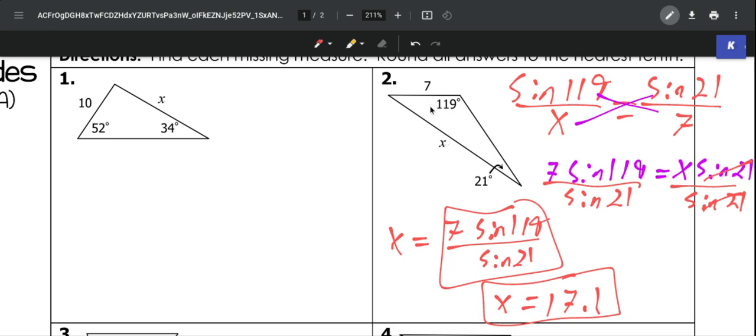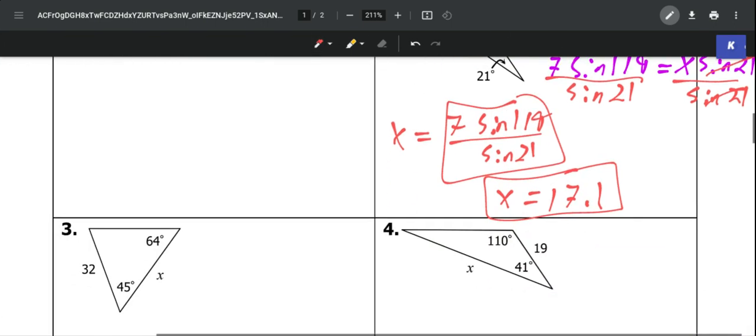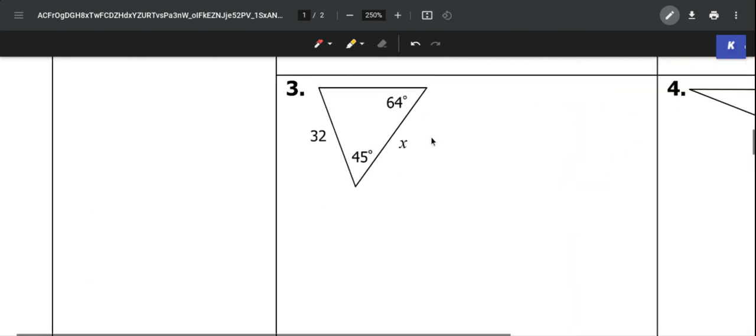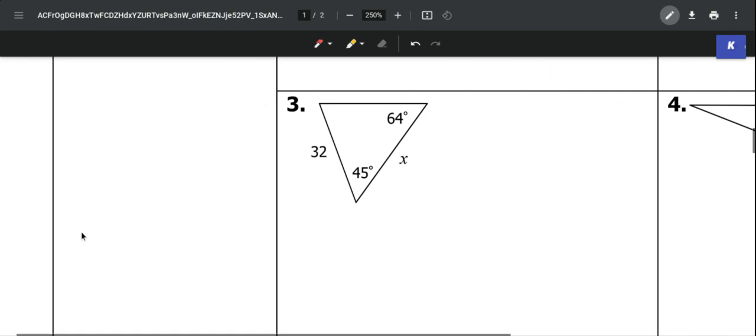Like in 119, the opposite side was x, so x becomes that denominator. And then the same thing for 21 degrees, the opposite side was 7, so we use 7 here for our denominator. So it's really all it is. Now, we're going to look at one where they don't give you the angle you need, and I'll show you how to figure that out.